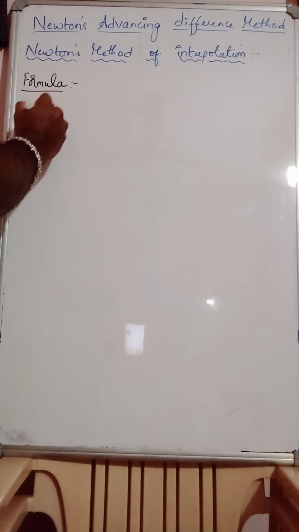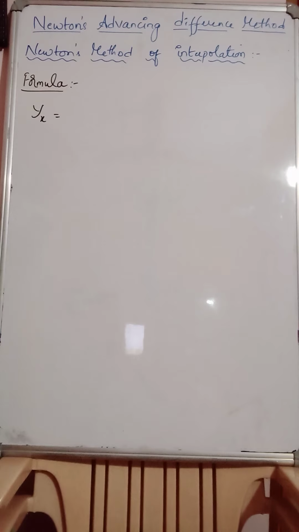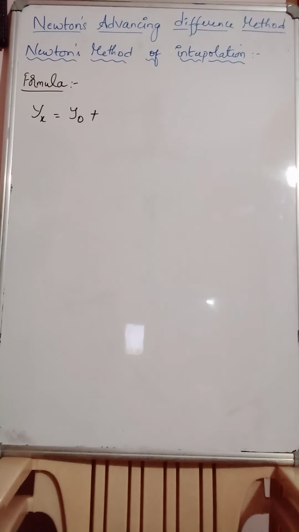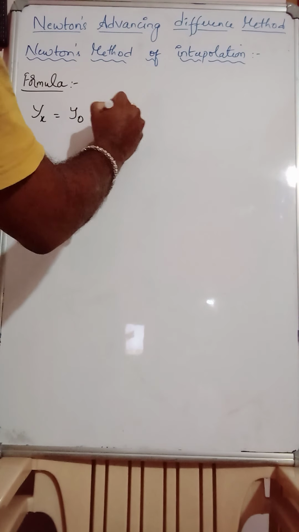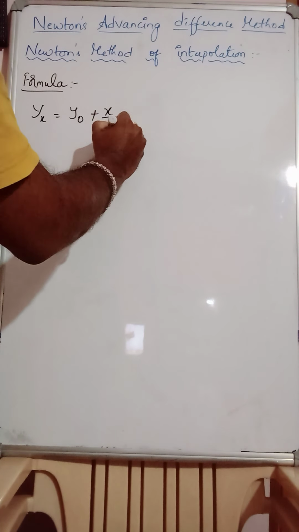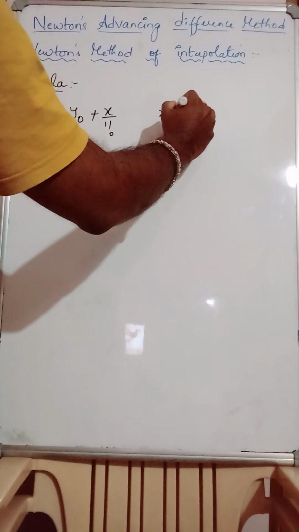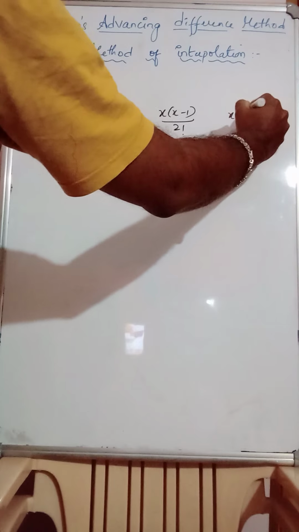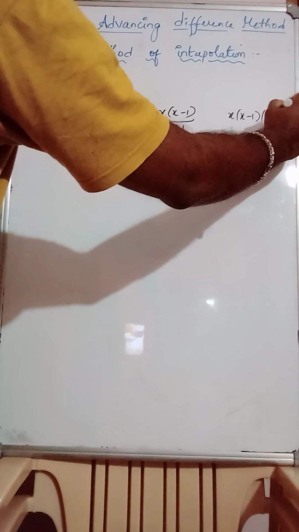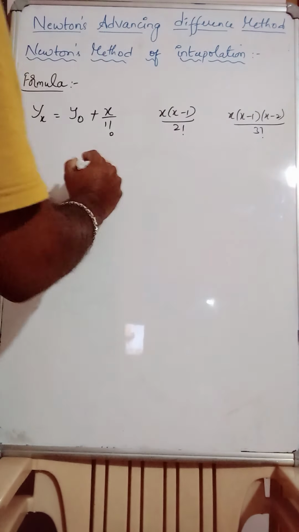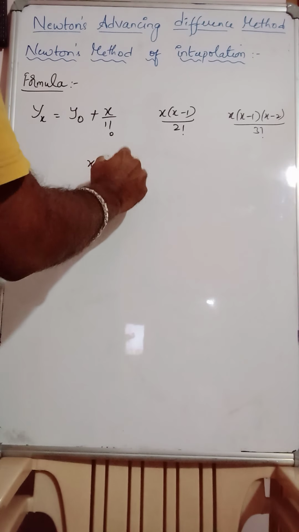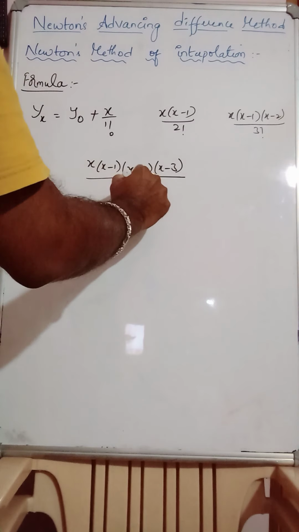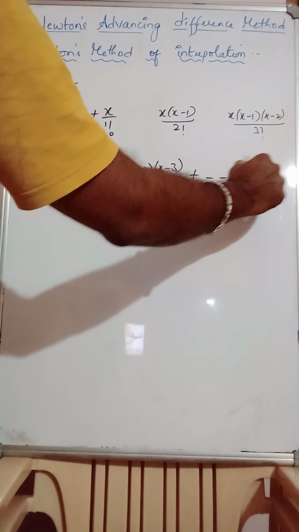First, yx equals y naught plus x by 1 factorial, x into x minus 1 by 2 factorial, x into x minus 1 into x minus 2 by 3 factorial, x into x minus 1 into x minus 2 into x minus 3 by 4 factorial, plus and so on.